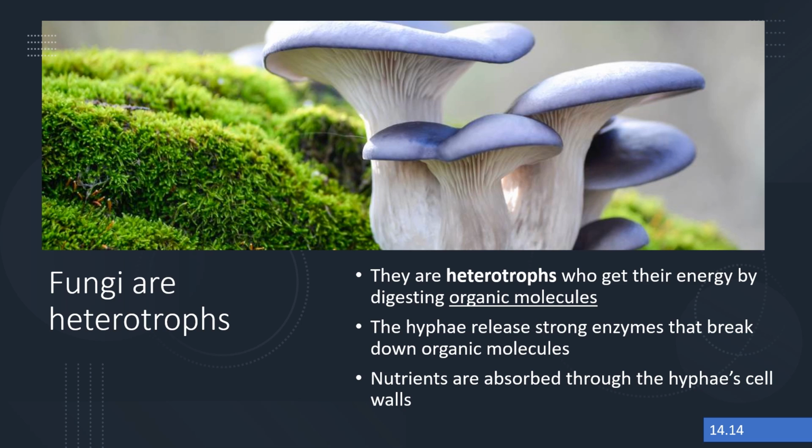They digest their food outside of their body. The hyphae release strong enzymes that digest and break down the materials they're growing in or through. For example, this might be dead organisms, such as rotting logs. Once those materials are digested, the nutrients are absorbed into the cells of the hyphae.